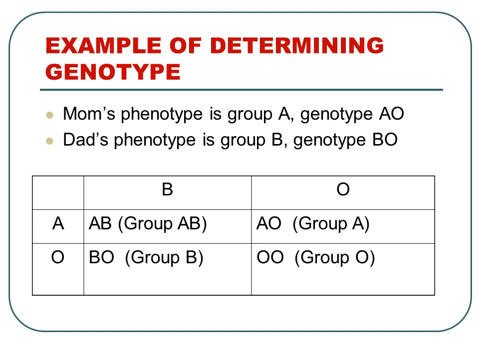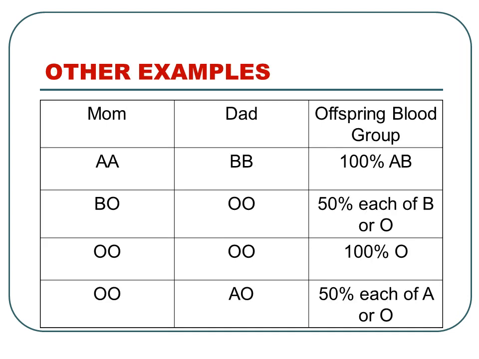When you cross A and B, it gives us group AB. If we cross A and O, it will give us group A. If we cross B and O, it will give us group B, and O and O give us group O.